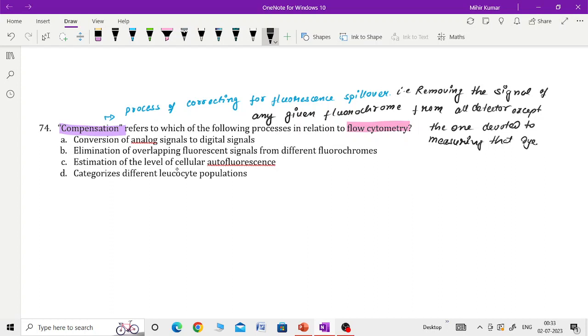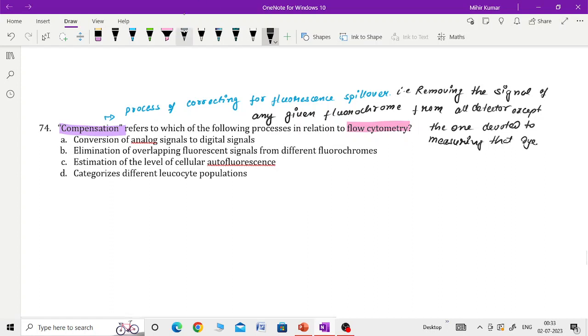But in reality, only one detector is devoted to measuring the fluorochrome of that dye. So compensation is the process of removing all signals detected by the detectors except the one signal produced by the detector totally devoted to detecting that dye's fluorochrome.